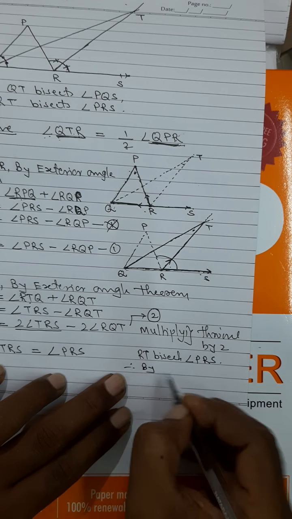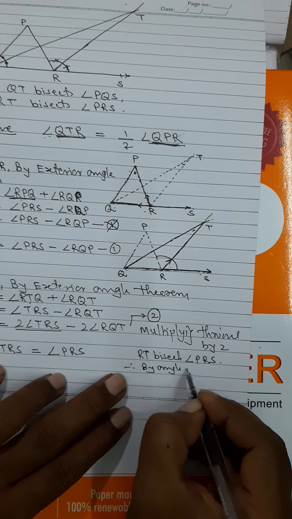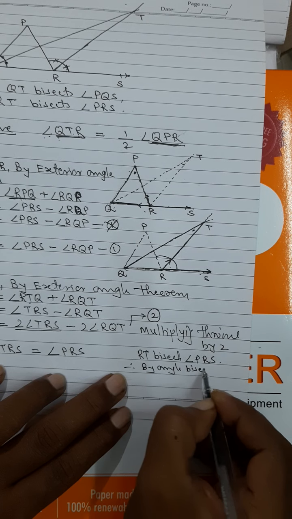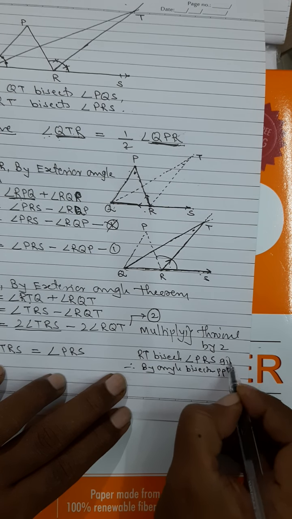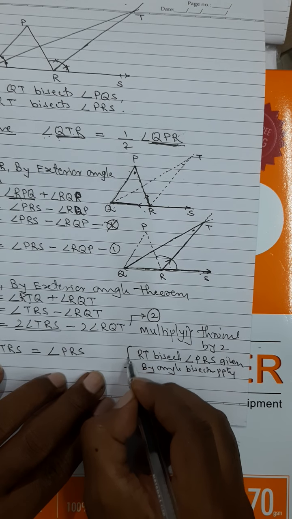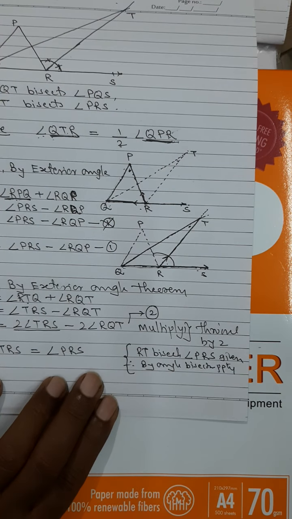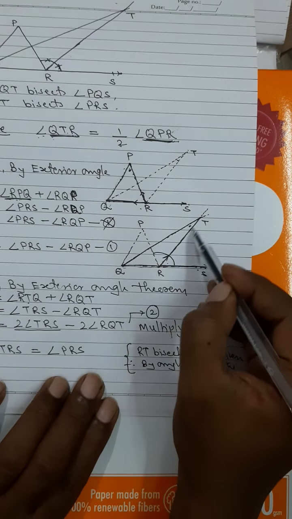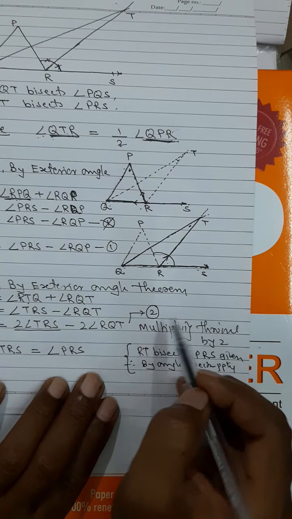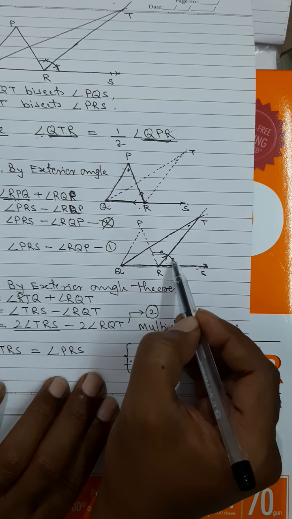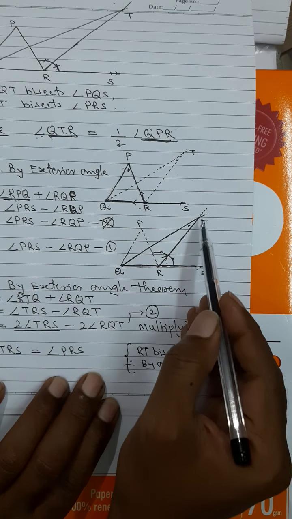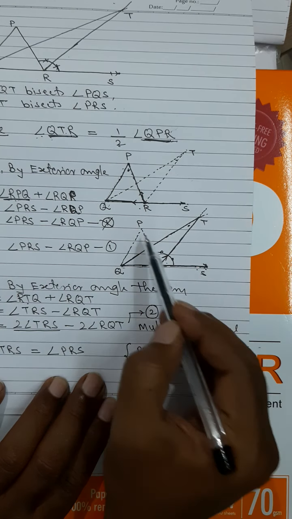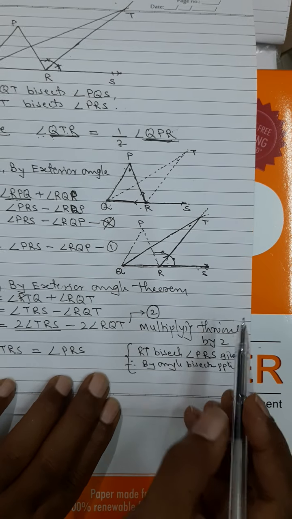This is given. Therefore, by the angle bisector property, it is broken into 2 equal angles, so double of angle TRS will be full angle PRS. This is equation 3.